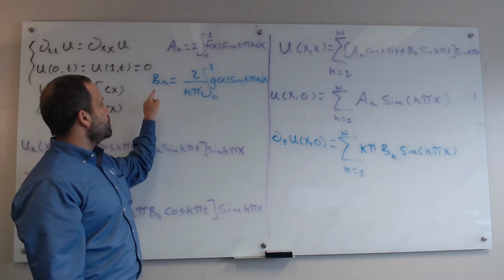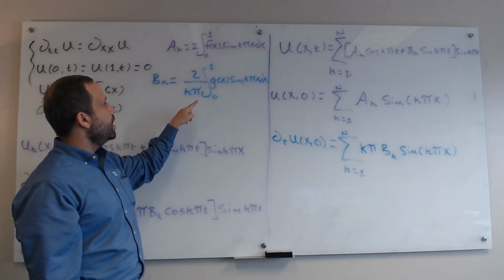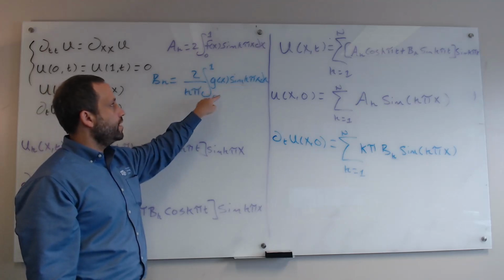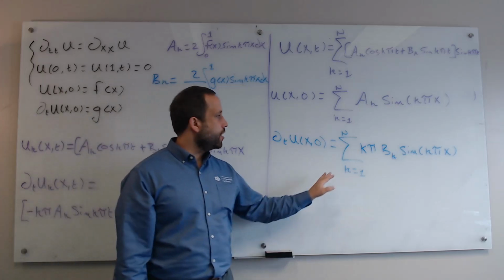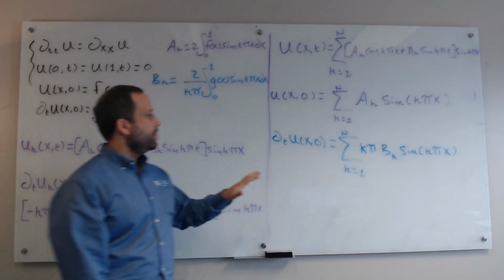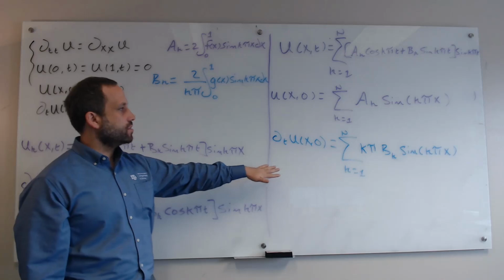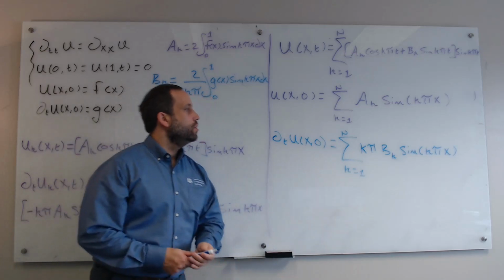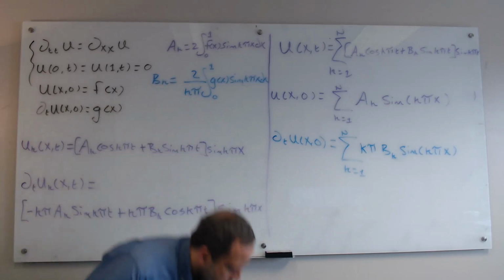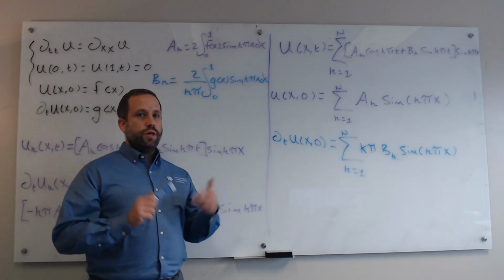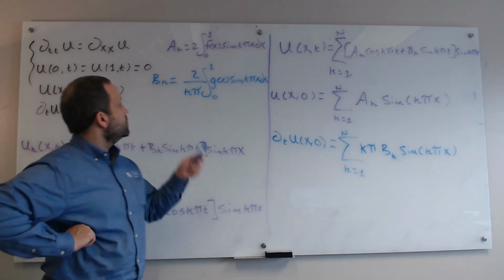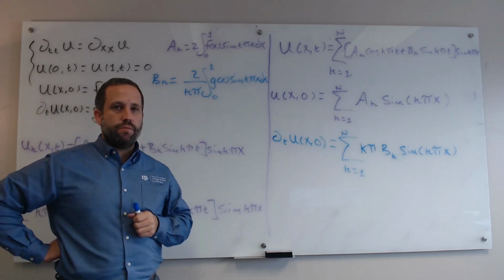If g happens to be a linear combination of sine functions, then this is going to give me an exact solution. This is going to be exactly equal to g of x. Whereas if I only know that g of x is approximately equal to a linear combination of sine functions, these bk's are going to give me the best approximation.